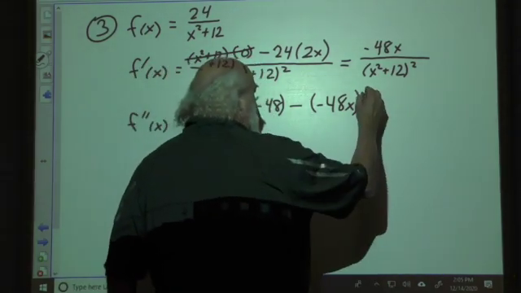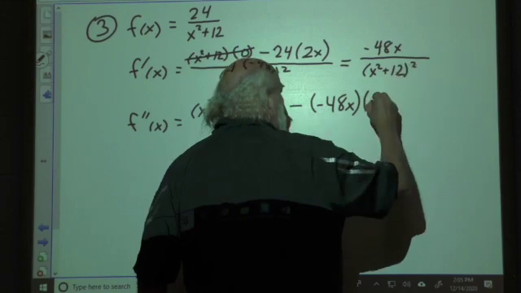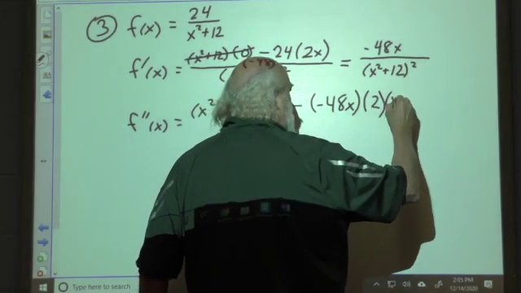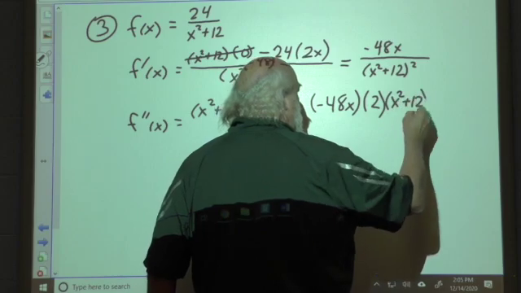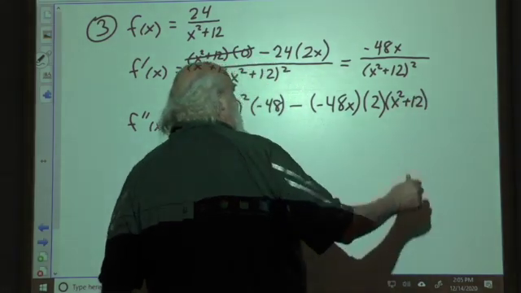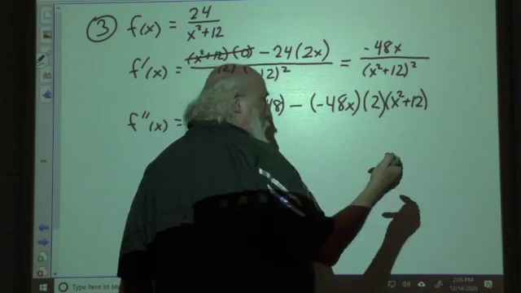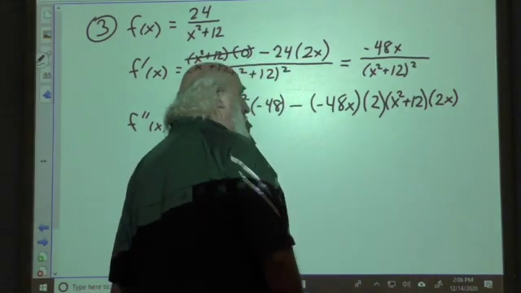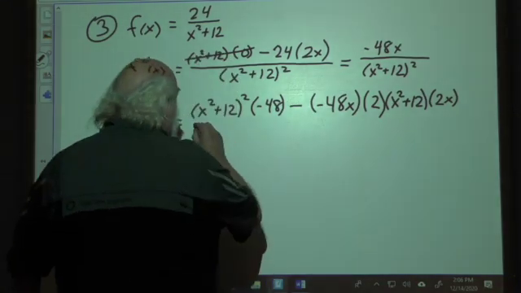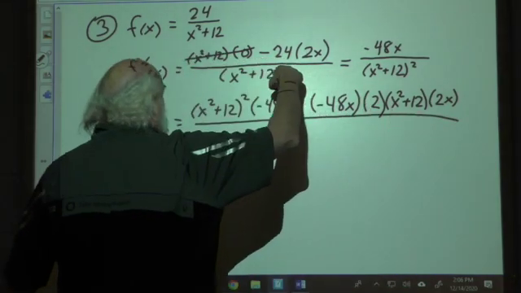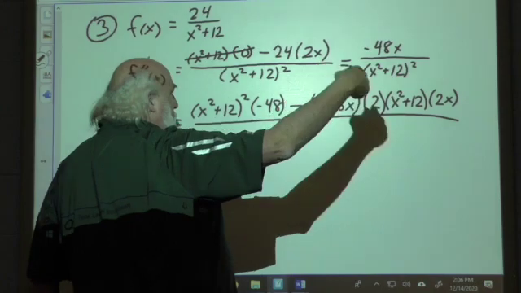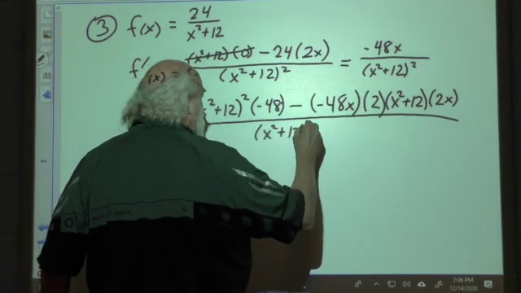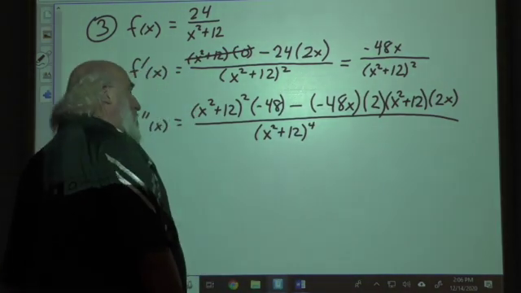The first thing we do is take the 2 down, and we use x squared plus 12 to the first power. Then we differentiate what's inside using the chain rule, and we get 2x; the 12 drops out. This is all over the square of the denominator, and the square of a square is the fourth power, so x squared plus 12 to the fourth power.